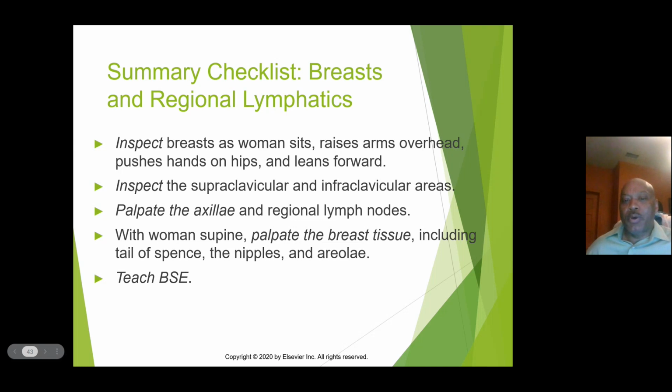Remember, when you think about the lymphatic system, it drains into the lymph nodes that are beneath the clavicle and also above the clavicle. This is one of the reasons why it's so important when we are assessing the lymph nodes.